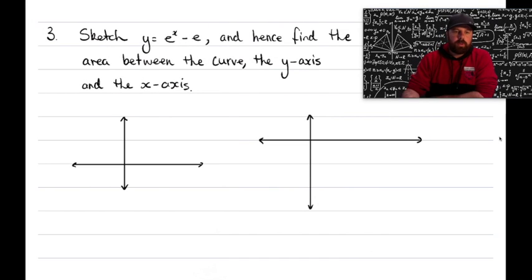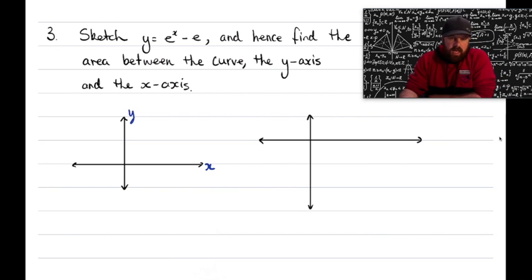Alright, so with question 3 here, it says sketch the curve y equals e to the power of x minus e, and hence find the area between the curve, the y-axis, and the x-axis. Let's jump in and have a crack at this one straight away.